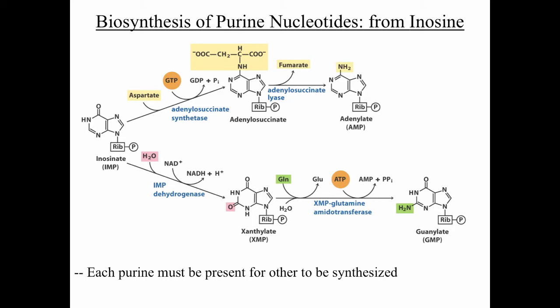IMP first becomes hydroxylated at this carbon, and then the hydroxyl group becomes oxidized by IMP dehydrogenase to make XMP. And then XMP is amidated, where it's reacted with glutamine to donate that amino group to then make GMP.